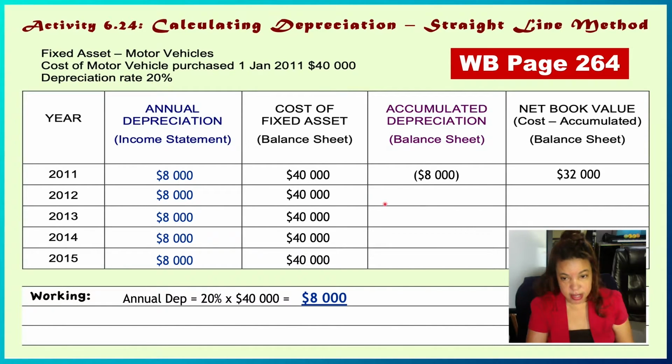So that means that in total, it is 16,000 as the accumulated. And then to find your net book value, the last column will be 40,000 minus the 16,000, which will give you $24,000. And then we have 2013, same 8,000.